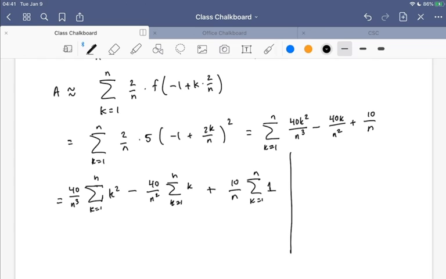So let me just over here on the side remind us that if we have a constant added up, then this is just a fancy way of saying multiplication. And then this one was the form. Oops, sorry, not k. It should be n.